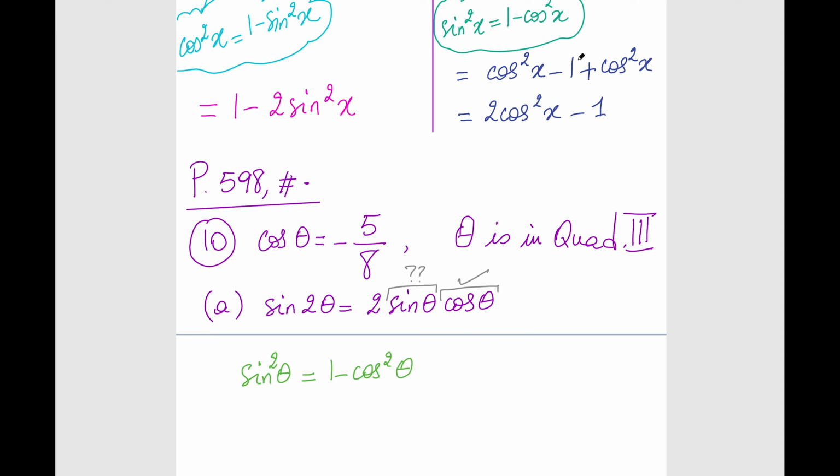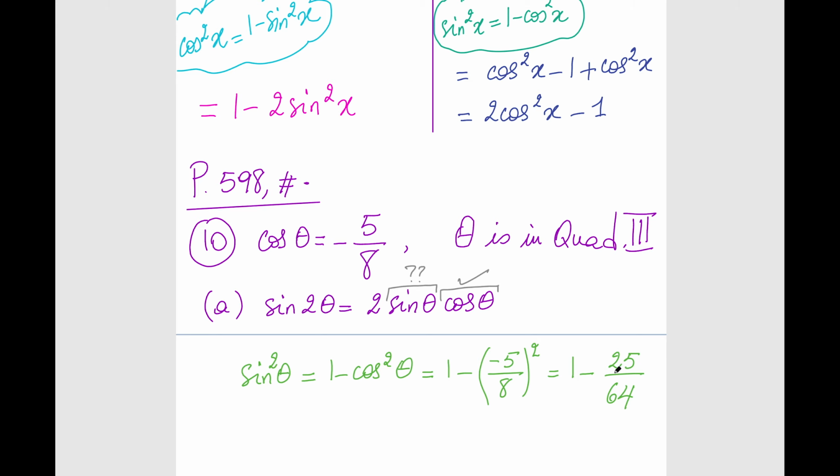It's right there. Okay. And what's cosine of theta? It's negative 5 over 8. So I get 1 minus negative 5 over 8 squared. Agree? And this is the same as 1 minus 25 over 64.